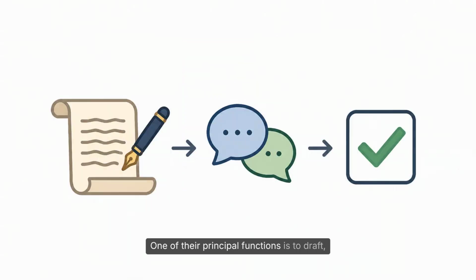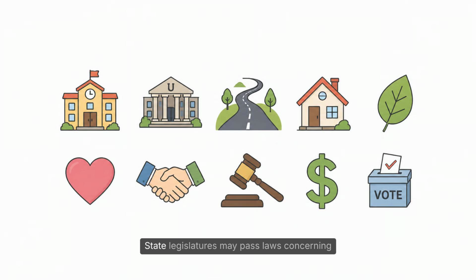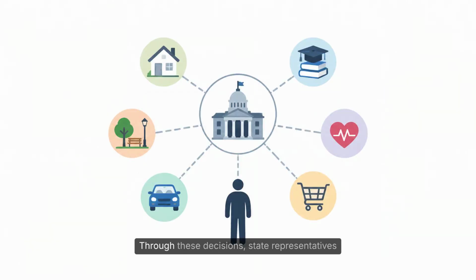One of their principal functions is to draft, debate, amend, and vote on state legislation. State legislatures may pass laws concerning schools, universities, roads, housing, environmental protection, public health, business regulation, criminal justice, taxation, and state elections. Through these decisions, state representatives exercise a direct influence on the everyday lives of their constituents.